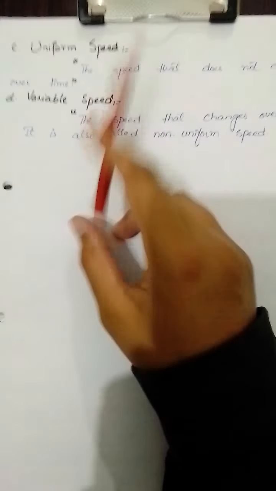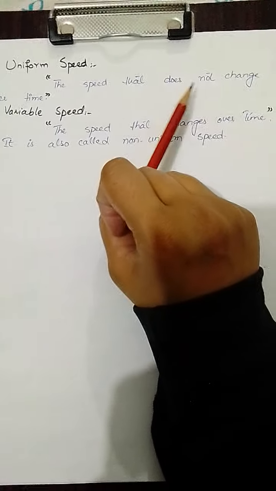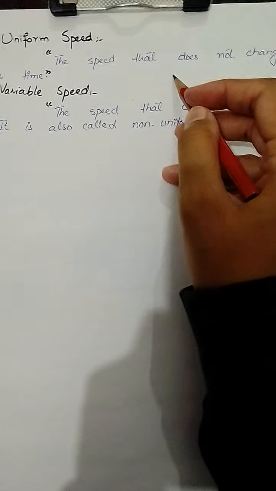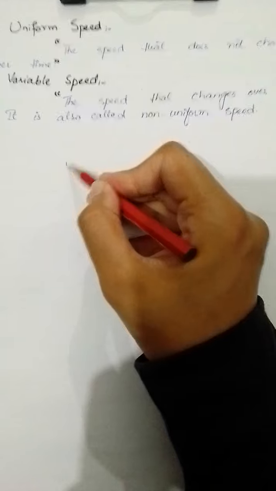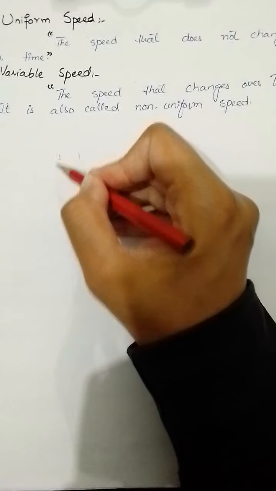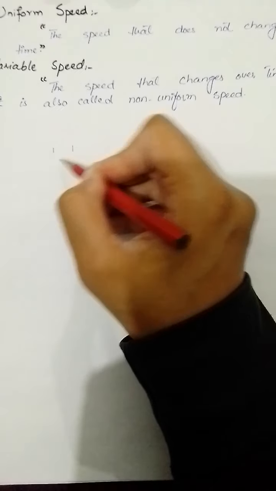Okay, coming towards the last points, which are uniform speed and variable speed. So uniform speed is the speed that does not change over time. Let's suppose a car is moving on a motorway. Within 1 hour, वो कार rest से start लेती है and 1 hour complete हो जाता है.